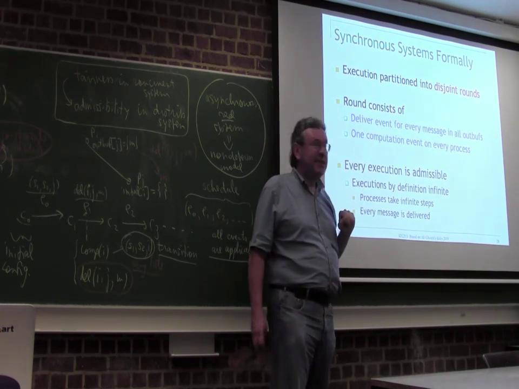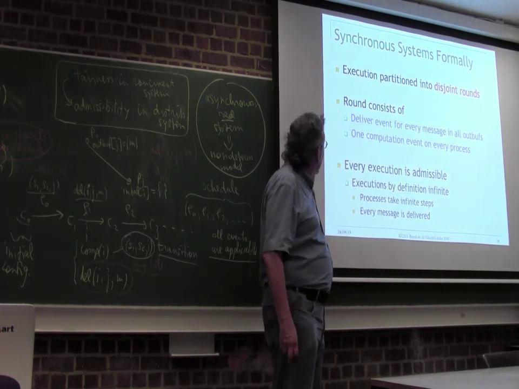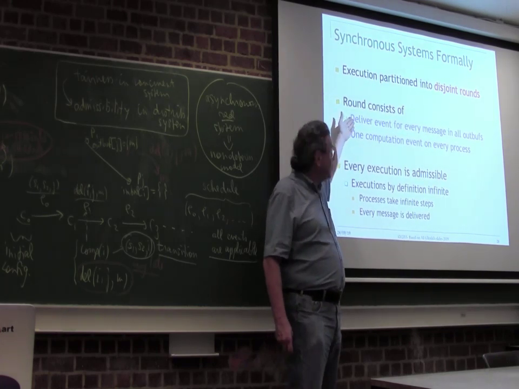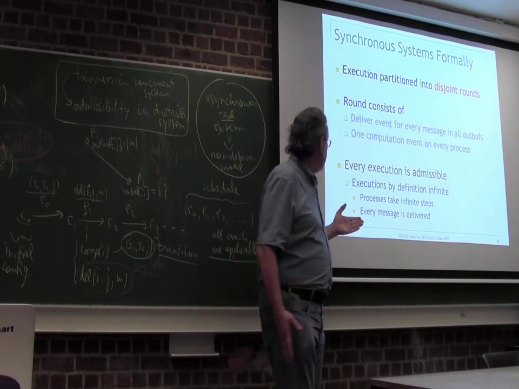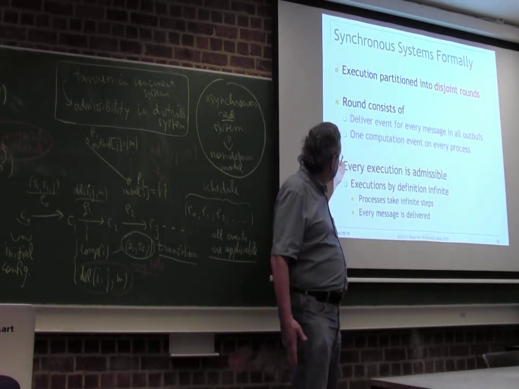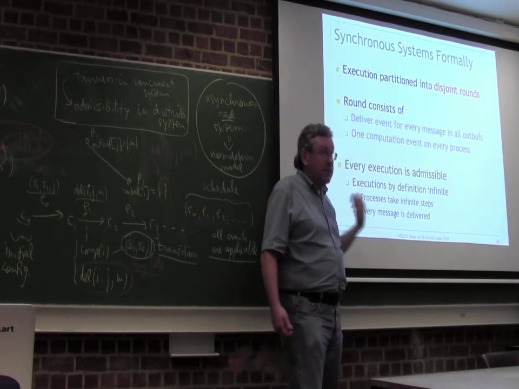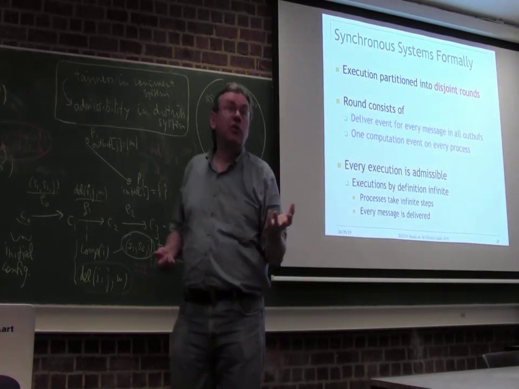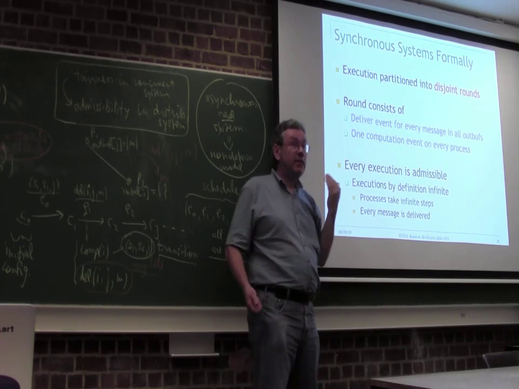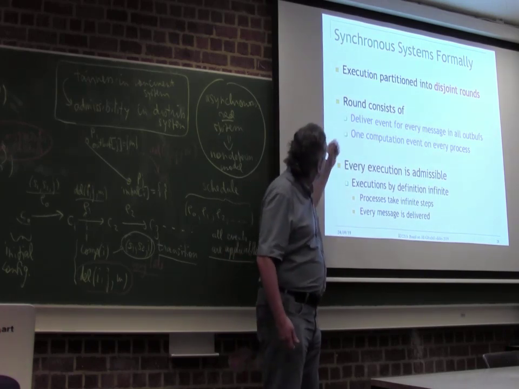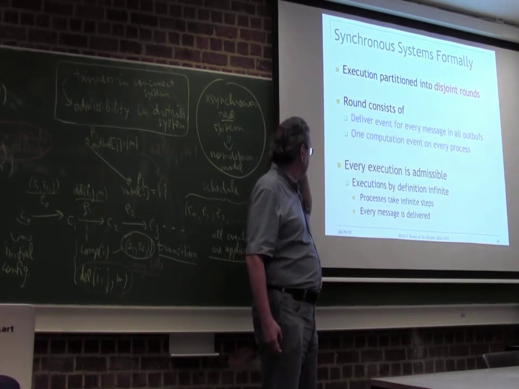There's not going to be delay because all the messages will be delivered and all the processes advance. By this definition, it's immediately true that the executions are all admissible in a synchronous system. We don't need those extra conditions. It's a consequence of this definition.